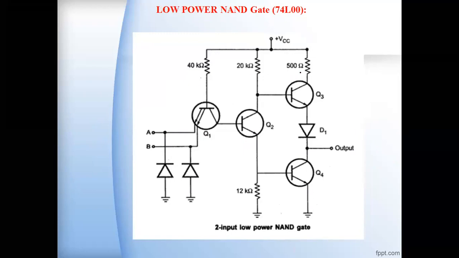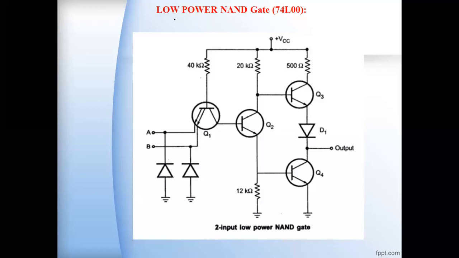Because of these higher resistor values, the power dissipation will be reduced. If you have lower resistor values and higher currents, that will dissipate more heat. But if you have higher resistor values, then the power dissipation will be comparatively low with respect to the previous one.